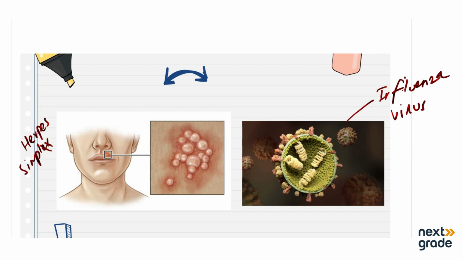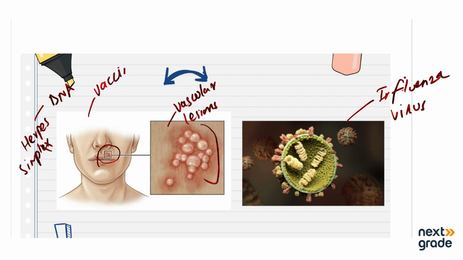Okay, the herpes simplex virus is also a DNA virus; it has DNA inside it and is responsible for this disease. It is a naturally occurring disease of mankind. The vascular lesions are formed in the epithelial layers of the ectodermal tissues. Most commonly, this disease occurs around the mouth, as you can see right here, and on other skin sites. Vaccination is available for this disease.